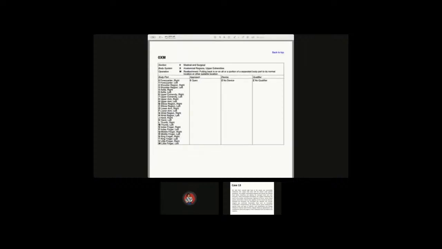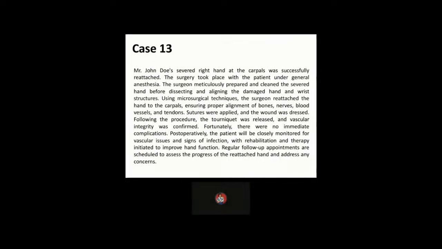Table 0XM. And I forgot which hand it was. Ha ha ha. It was the right hand. All right. So right hand and open is the approach.